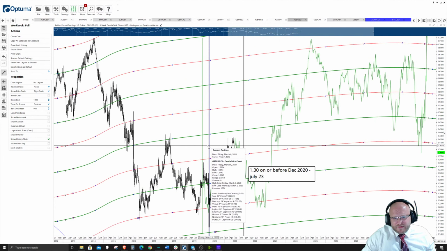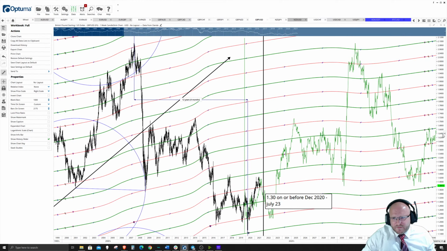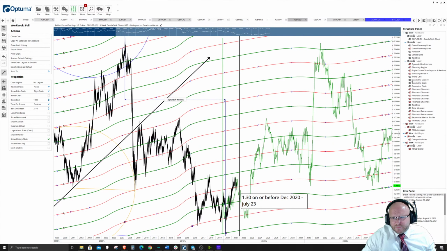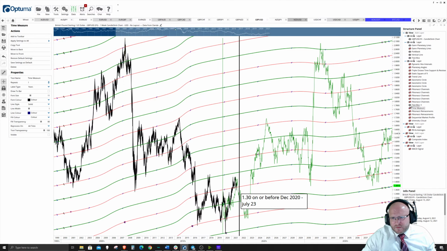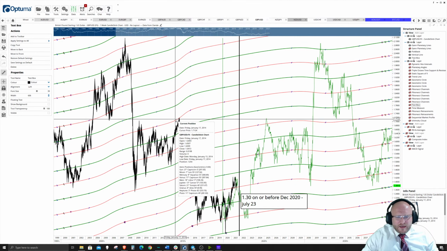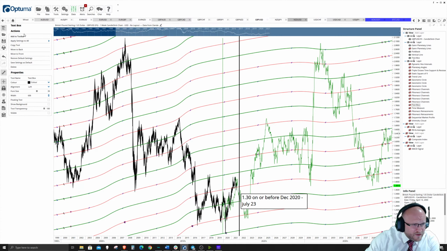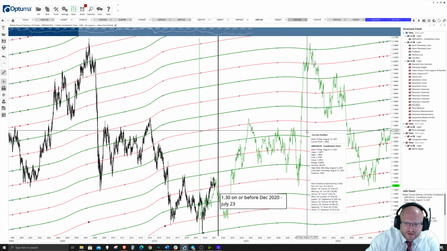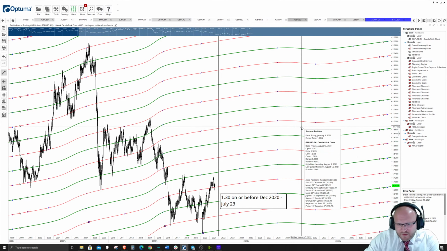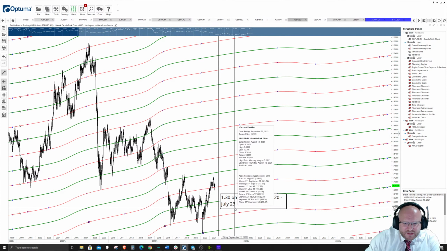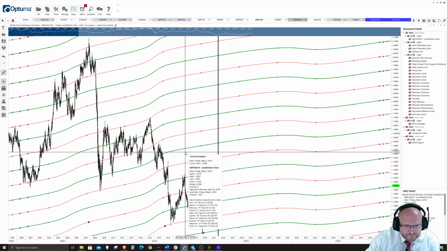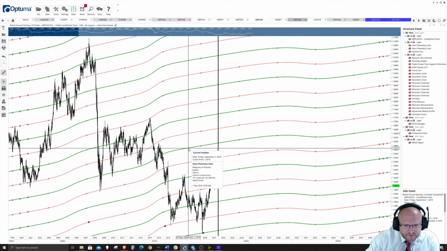For example, these wavy lines that you see here on the GBP USD are the midpoint of Jupiter, Saturn, and Uranus.